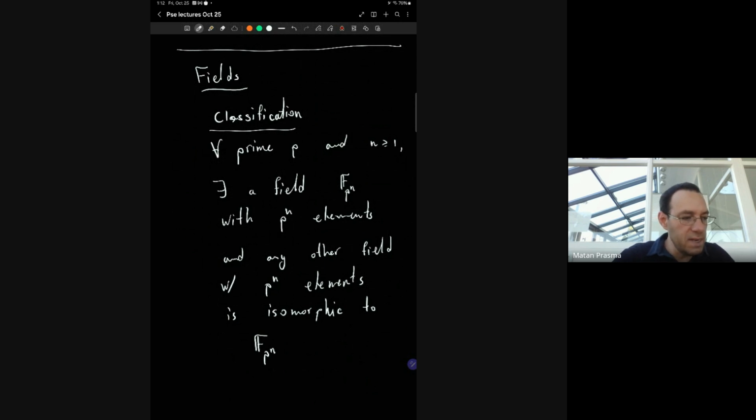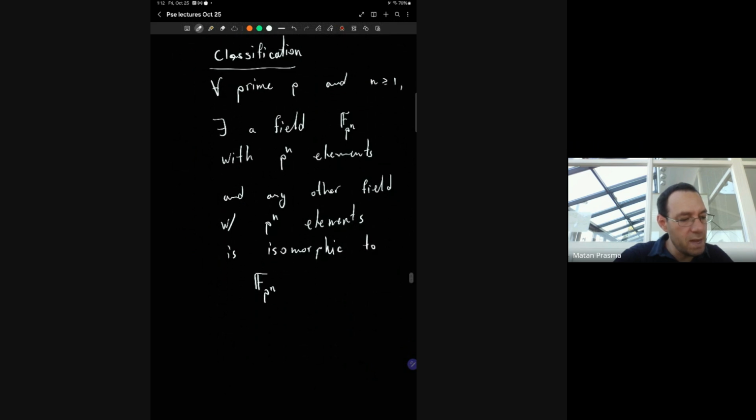And using this, we can define concretely what is called the algebraic closure.